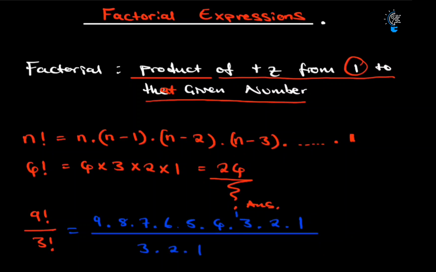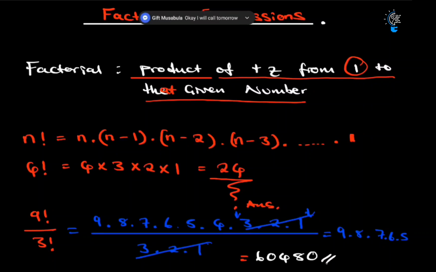You can observe that this part is the same as the denominator, so they cancel, and you're going to end up with 9 times 8 times 7 times 6 times 5. When you punch it into your calculator, it will give you 15120 as your answer.